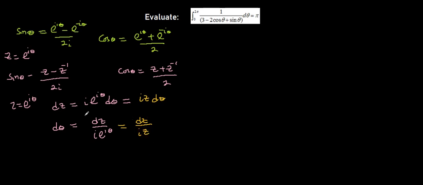So let's substitute all of this into the formula here, where we have the integral from 0 to 2 pi of 1 divided by 3 minus 2 into, we now have cos theta to be exponential i theta plus exponential minus i theta divided by 2, then plus sine theta, which is exponential i theta minus exponential minus i theta divided by 2i.